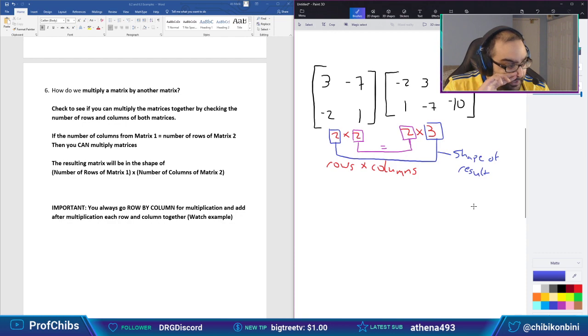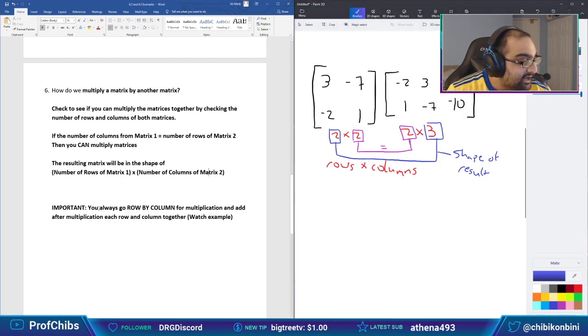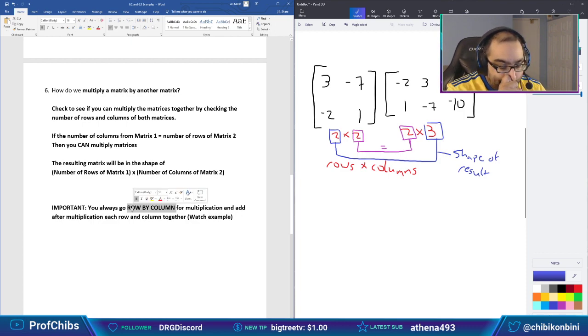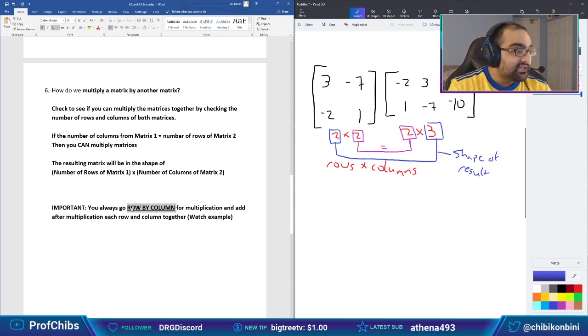Now, how does multiplication go if we have an example like this? Well, this is where this last guy comes into play. You always go row by column. If we're going to multiply matrices, you always go row by column. This is incredibly important.